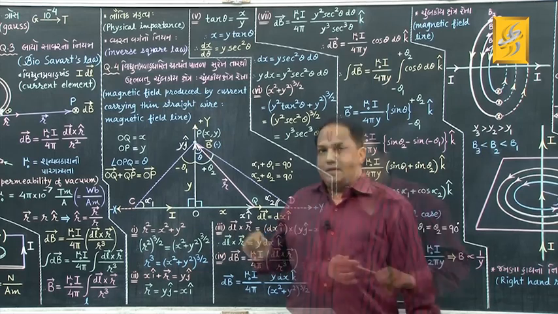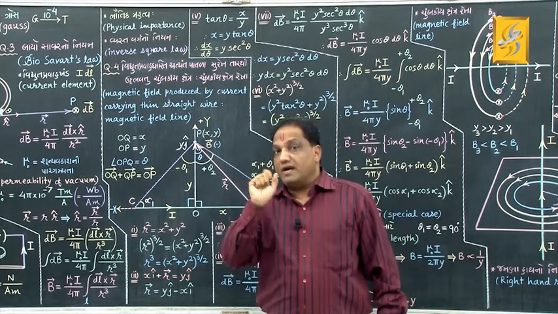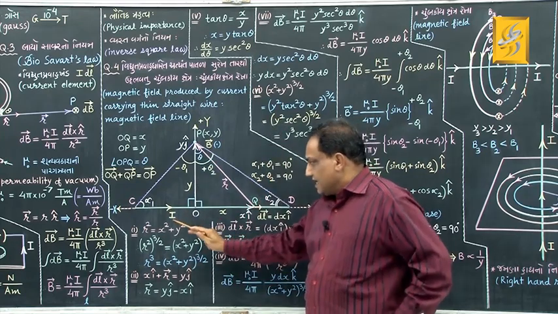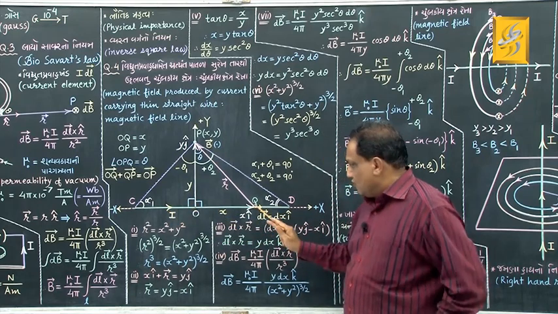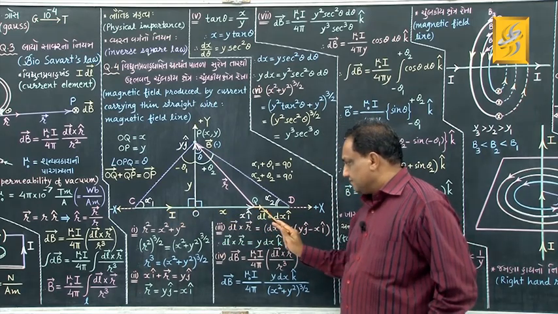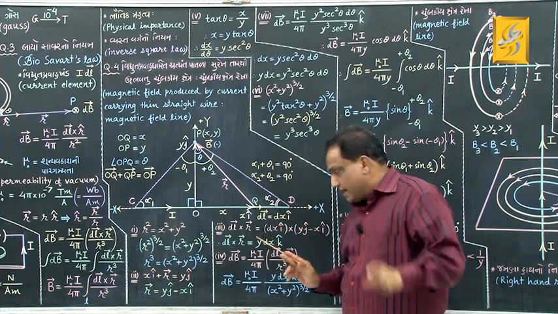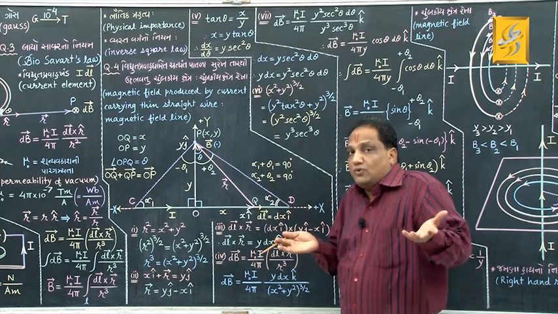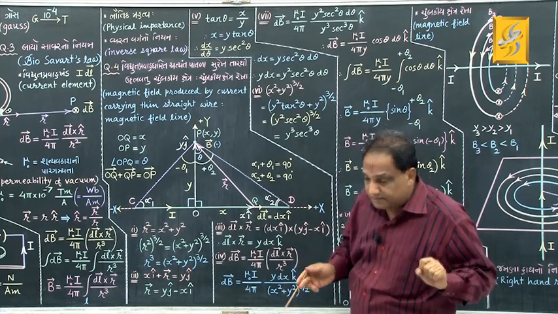Now, select one current element in the direction of current. In this direction of current, I select one current element which I have shown here. The length of that current element I show by the symbol vector dl. But you know vector equals magnitude multiplied by unit vector.